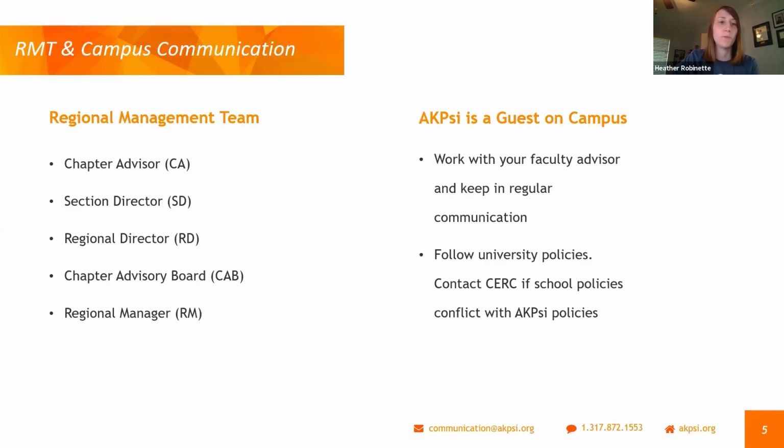And then we have regional managers, and these are going to be members of the regional management team that are focused on the region itself. So if they are a regional manager of finance, then they're helping different chapters within the area of finance as needed.